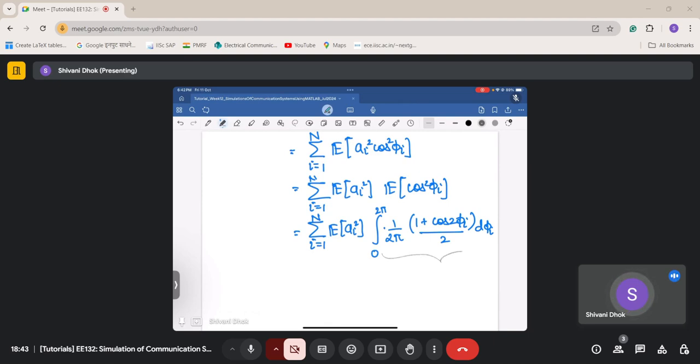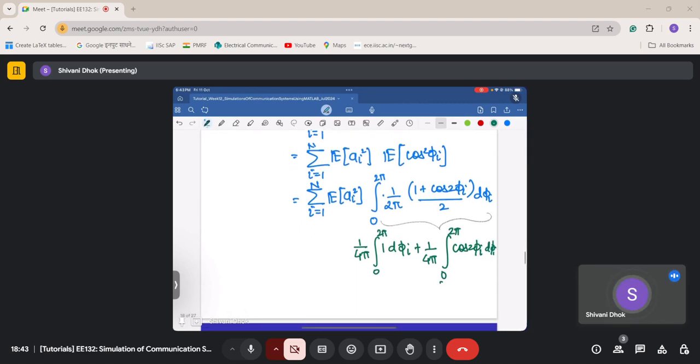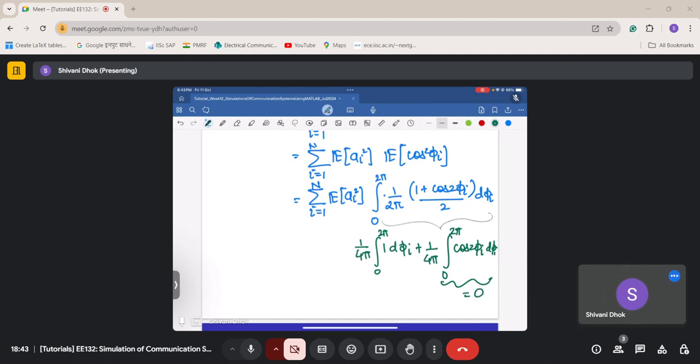So now this particular integral here, I can write as 1 over 4 pi integral 0 to 2 pi 1 d phi i plus 1 over 4 pi integral 0 to 2 pi cos of 2 phi i d phi i. This particular thing is 0 and this particular thing is equal to 1 by 2.